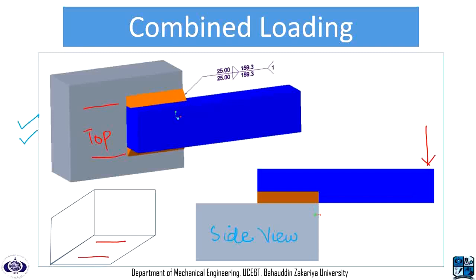However, the moment due to the loading is in the side plane, so we are going to draw the moment due to force in the side plane. From here you can see that the moment and the weld profile are not in the same plane. So that is why this type of loading will be called bending load.